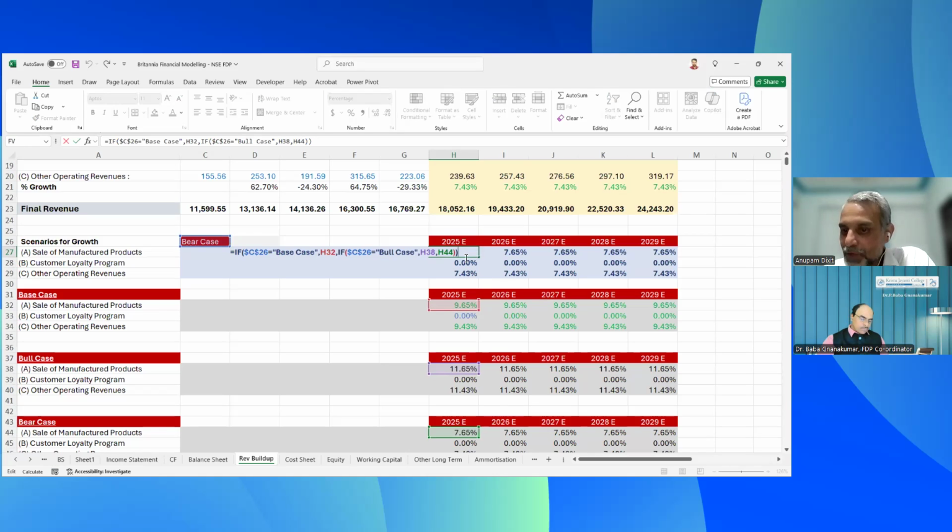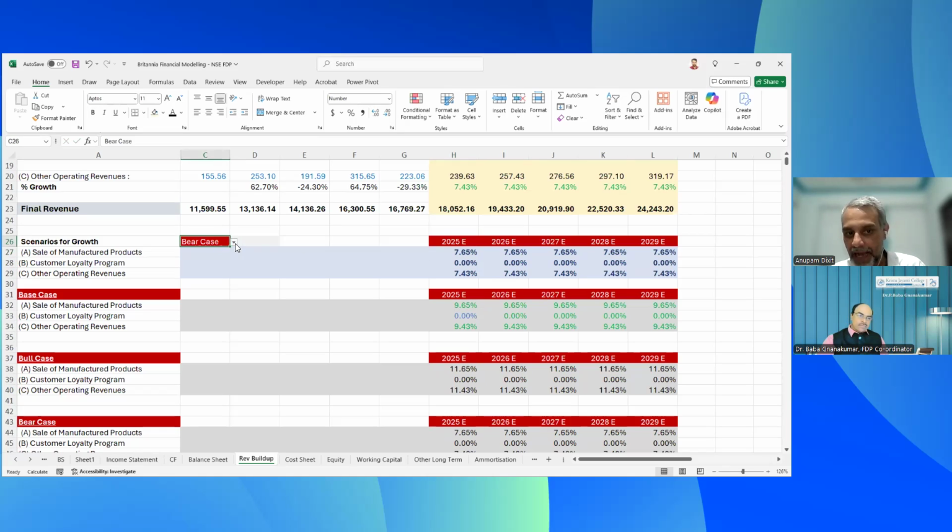So we have used the if function to drive this scenario. If I take it as a base case, my value becomes 9.65%. Basically, I have created scenarios where 2% higher than the normal case is bull case, and 2% lower than the normal case is the bear case.